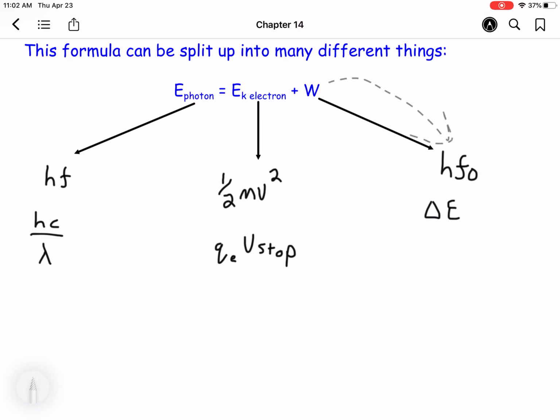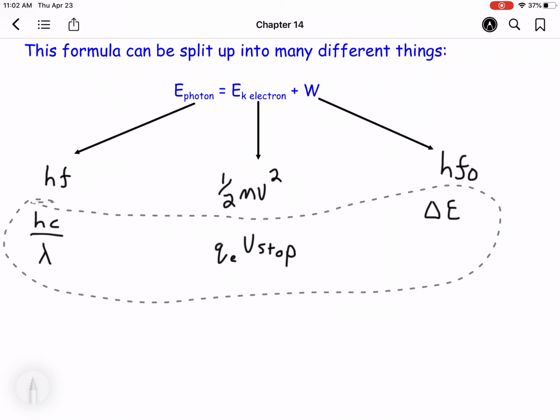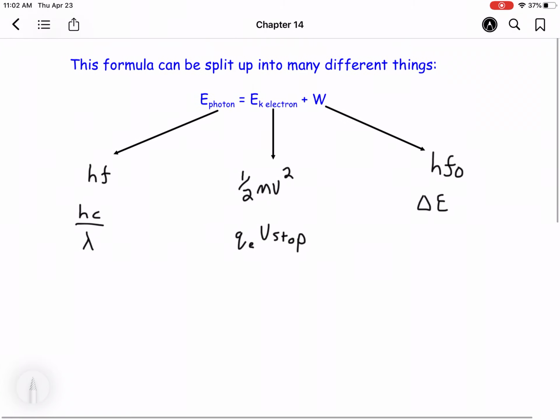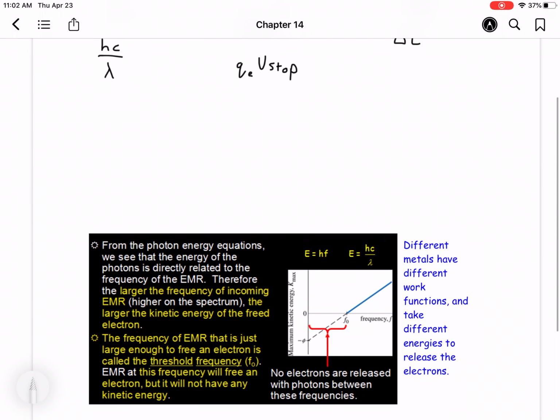And the work is usually going to be hf0, the work function, or it could be the change in energy sometimes. You're usually going to see these three, but keep in mind these are alternate versions. And of course, change in energy can be listed many different ways. Again, this is the EK of the electron, not the EP.